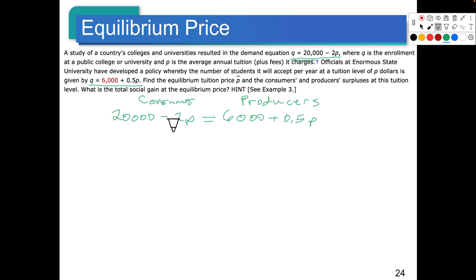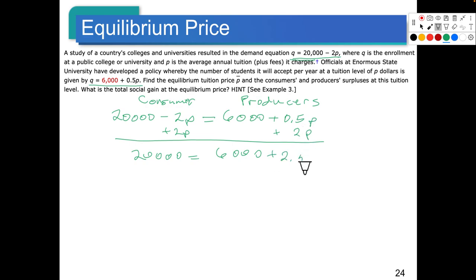So there's a minus 2P here. Why don't we add 2P to both sides? And again, the number that will be different is the 6,000. All the other numbers should remain the same. That becomes 20,000 equals 6,000 plus 2 plus 0.5, so that's 2.5P.